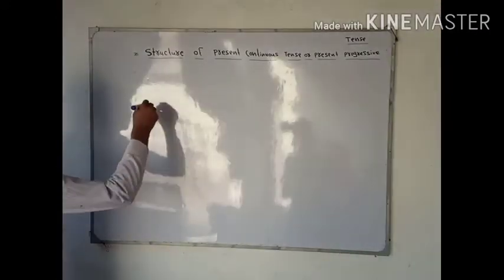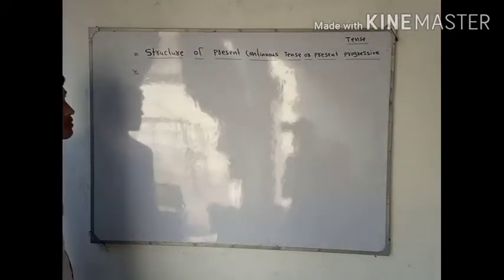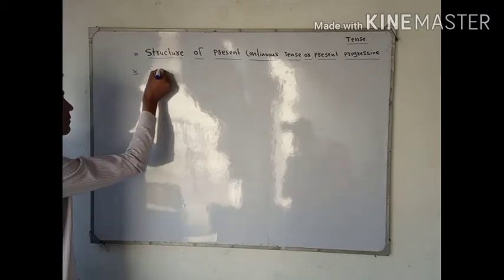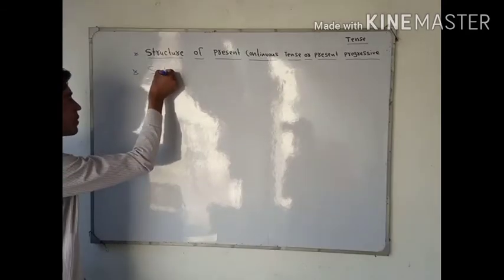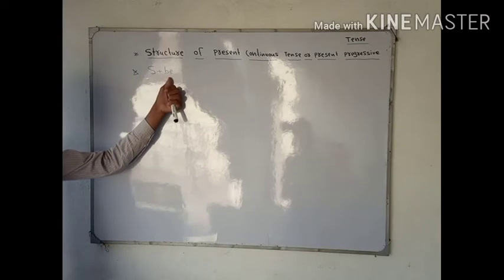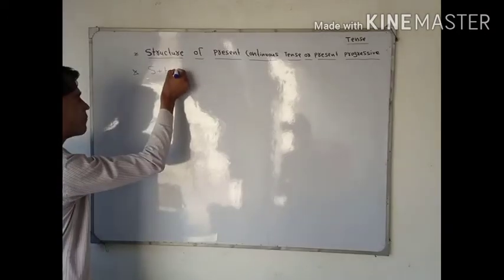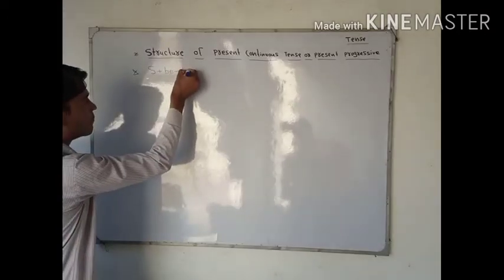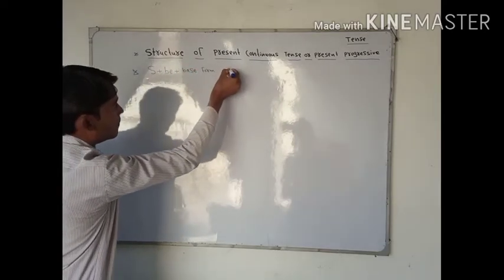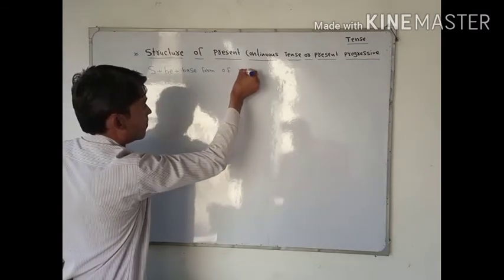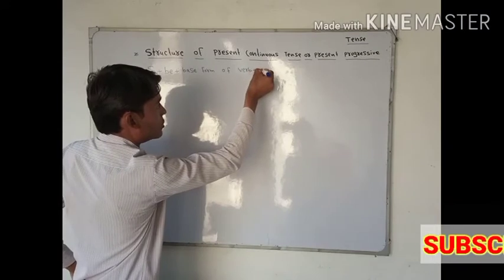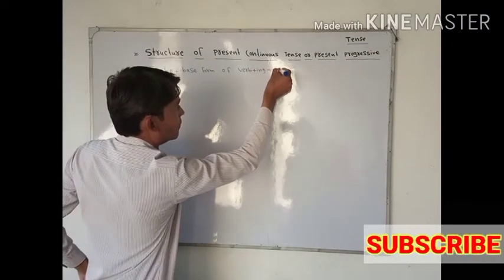For the structure, we need a formula. The formula begins from the subject. First of all, we need a subject. Then we need be. Be simply means helping verb. In this case, be means is, am, are. And third, we have the base form of verb plus ing, and plus complement.